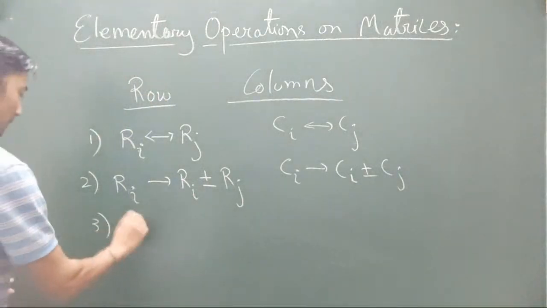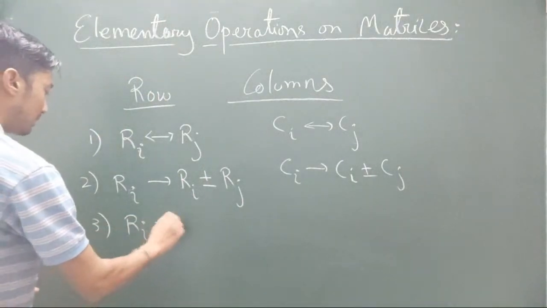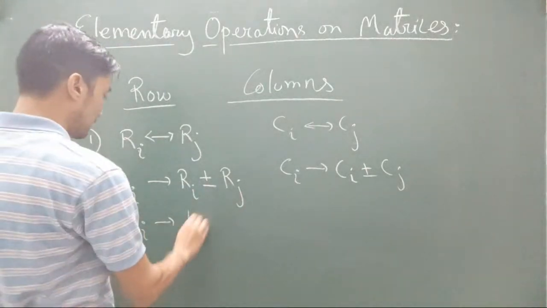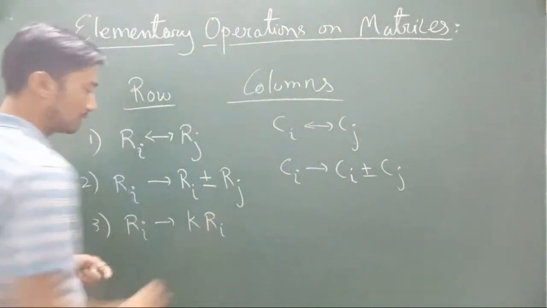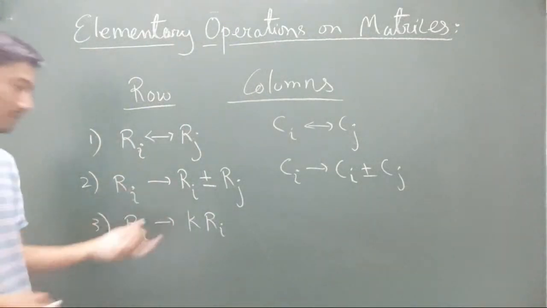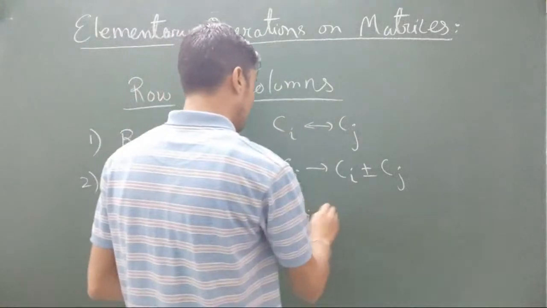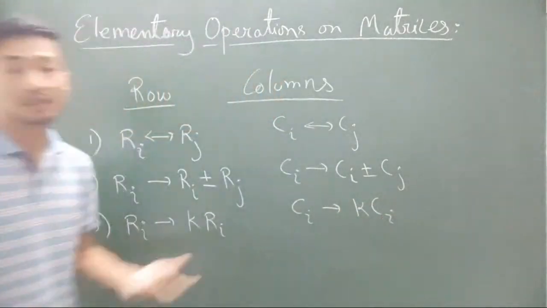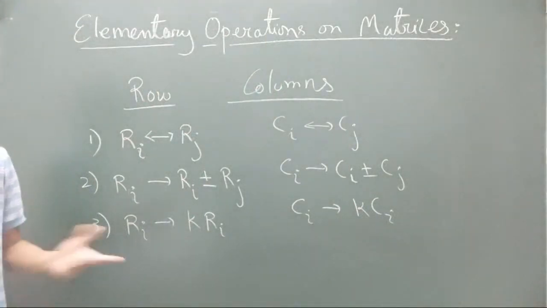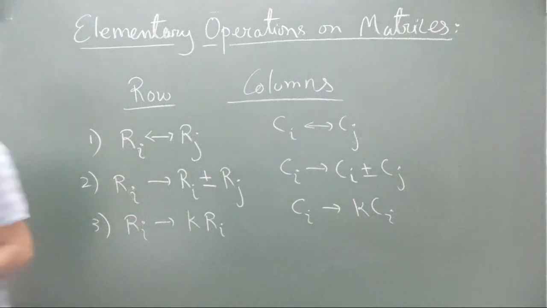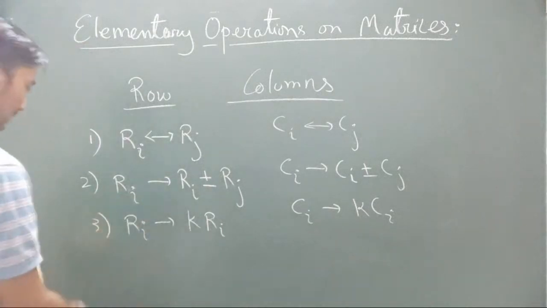Another operation that we can do is multiply a scalar to a particular row of a matrix, that is k times Ri. I can multiply the elements of a row by a non-zero number. Similarly, elements of a column also can be multiplied by a non-zero number or a scalar.